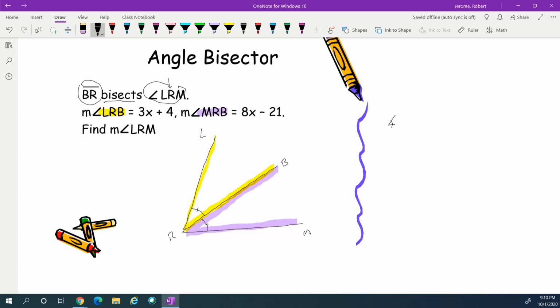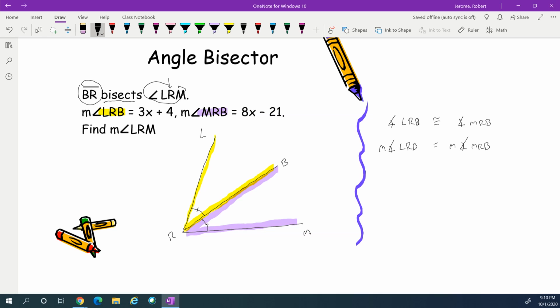The big angle was bisected, so angle LRB is congruent to angle MRB, which means the measurement of angle LRB is equal to the measurement of angle MRB. And those are the ones that they gave us algebra for.